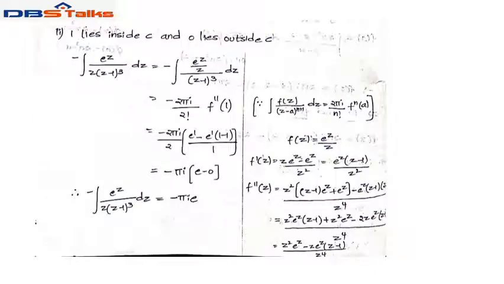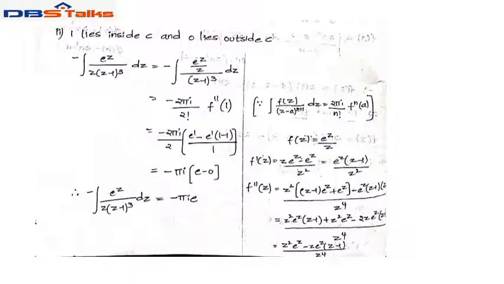So that is minus integral e power z by (z minus 1) whole cube. Here f of z is e power z by z, and z minus a means z minus 1, and whole power n plus 1 means 2 plus 1, so n equal to 2. That is minus 2 pi i by n factorial, which is 2 factorial, f double dash of z, where z equal to 1.